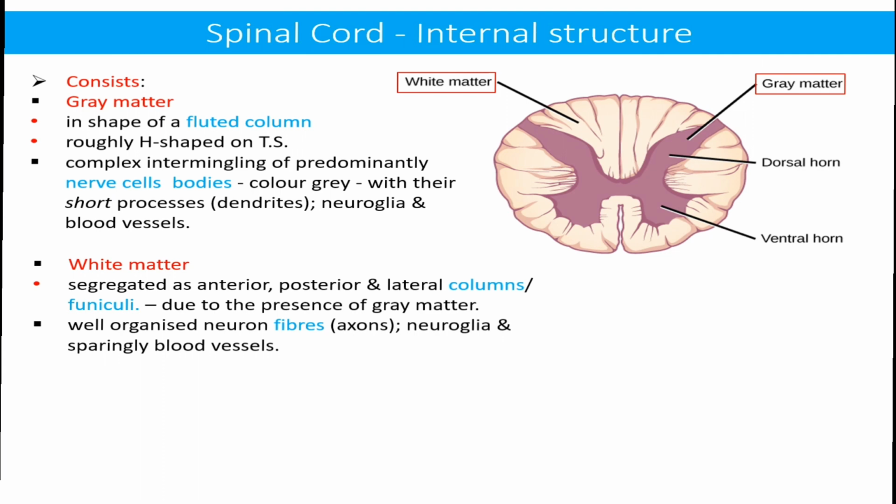The white matter, which comprises well-organized nerve fibers, that is axons, neuroglia, and sparingly blood vessels, is segregated as anterior, posterior, and lateral columns or funiculi due to the presence of H-shaped gray matter.